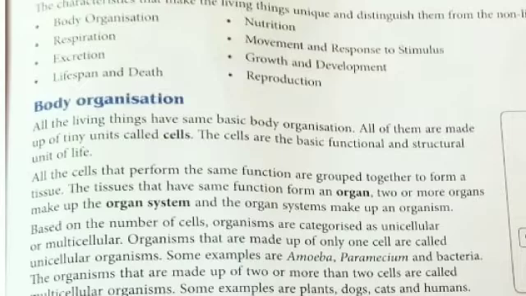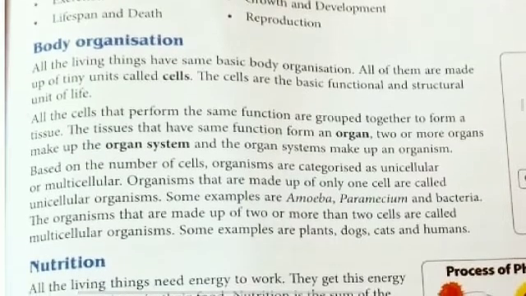These are the chain, and many organ systems make an organism. Means cells make tissue, tissue makes organ, organ makes organ system, and organ systems make an organism.